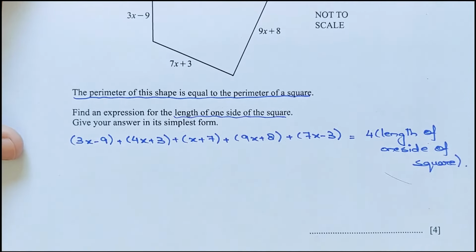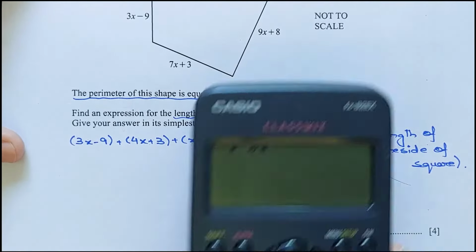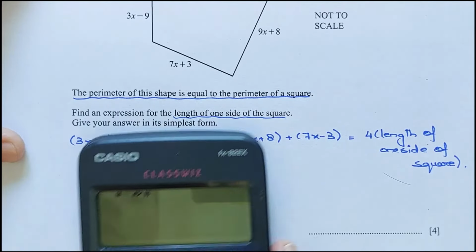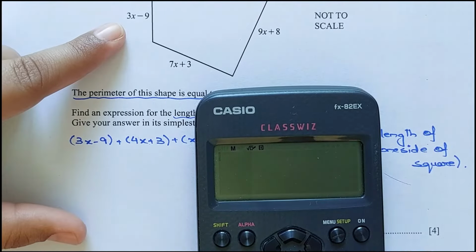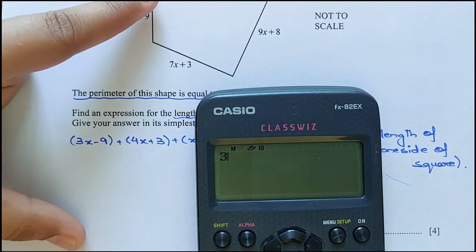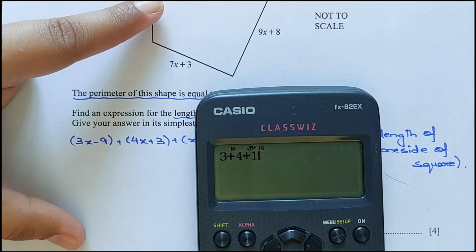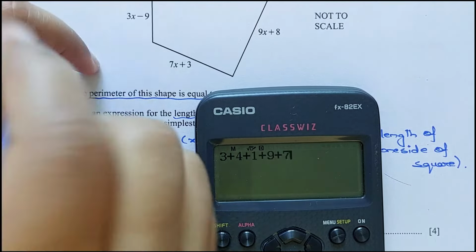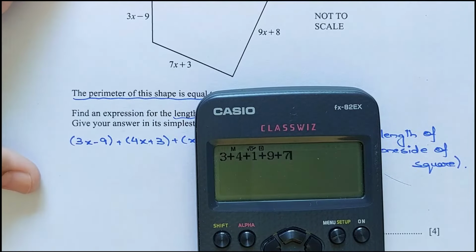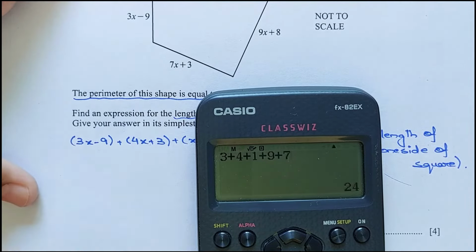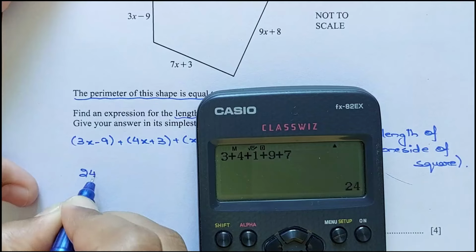So let me solve this expression first. Solving the x, we have 3 plus 4 plus 1 plus 9 plus 7. I just add the coefficients of x, which gives 24x.